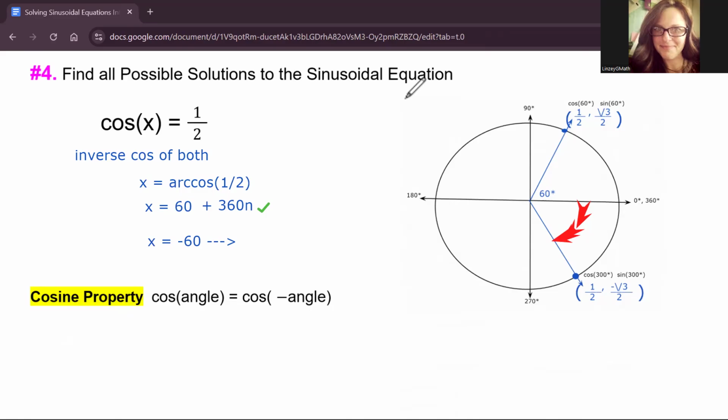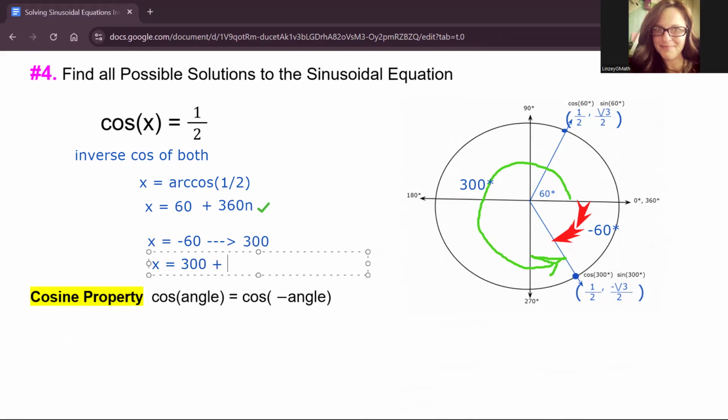If we go positively counterclockwise around, we will get 300 degrees is equivalent to negative 60. So we get x is equal to 300 degrees plus any number of revolutions around the circle.